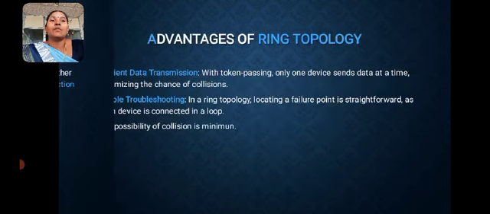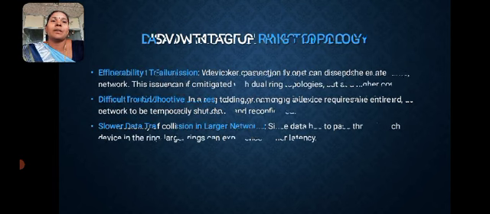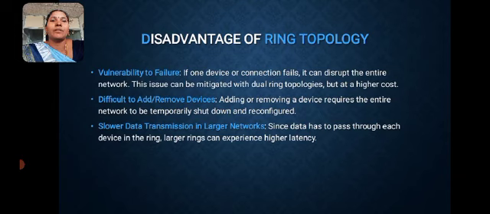Now the advantages of ring topology: efficient data transmission. With token passing, only one device sends data at a time, which minimizes the chance of collisions. It is also very easy to find the error or fault, so troubleshooting is easy. What are the disadvantages of ring topology?